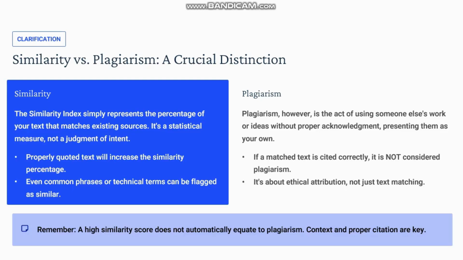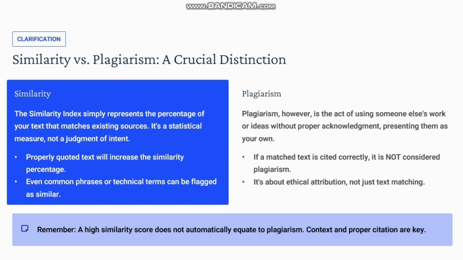All right, so there is a difference between similarity and plagiarism. The similarity index simply represents the percentage of your text that matches existing sources. Okay, it's a statistical measure, not a judgment of intent, meaning that it is not something that you may do intentionally. It might arise as a result of no proper quotation or probably no proper citation.